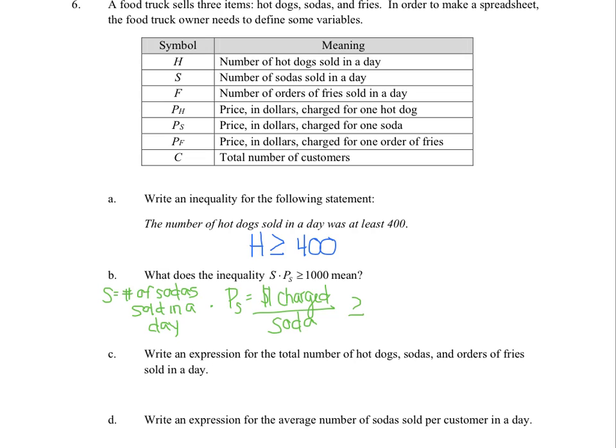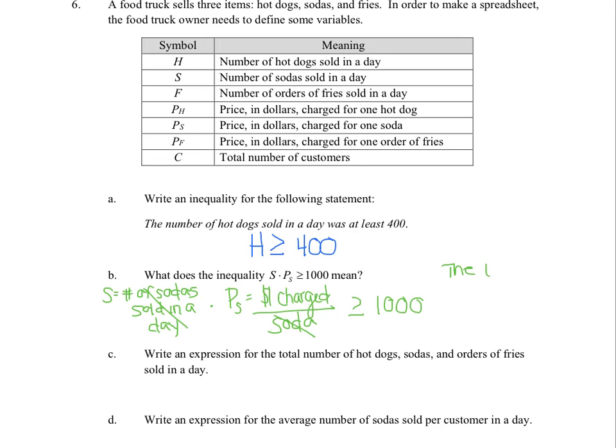And this is going to be greater than or equal to 1,000. Well, if you think about this, I've got the number of sodas sold in a day, multiplied by the price per soda, so the units cancel out. And what we're left with is the total amount of money that's earned for that day.